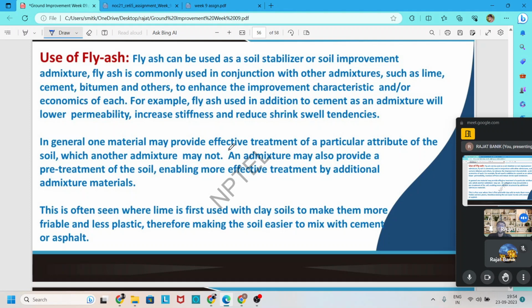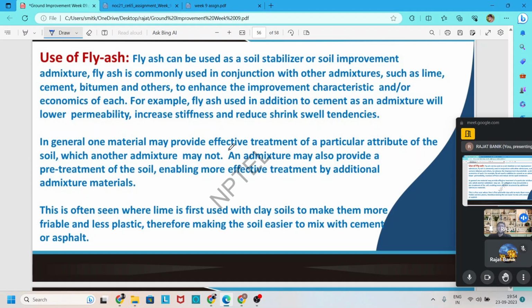We already discussed that to enhance the improvement characteristics and or economics of each. We know that fly ash is a waste material, and this is good for increasing the strength also. And because it is a waste material, it becomes very cheap, so the cost of the project also reduces.